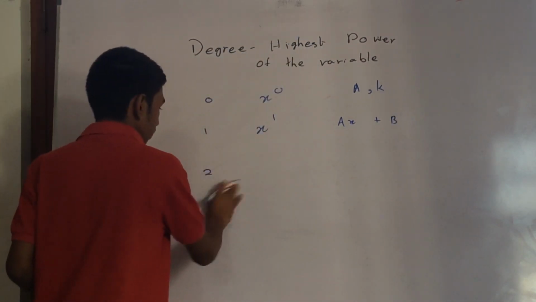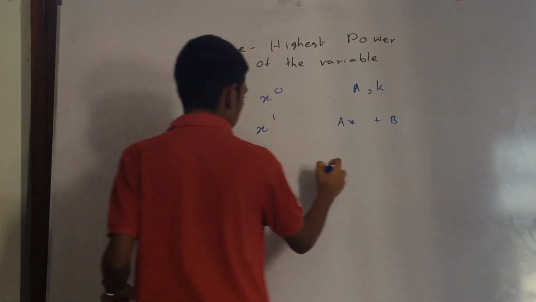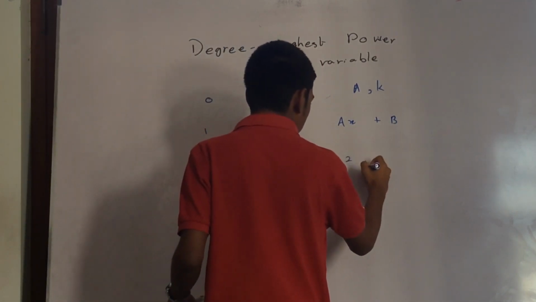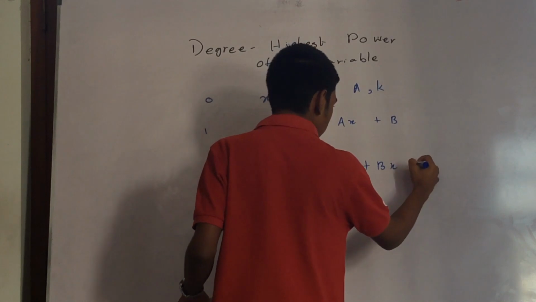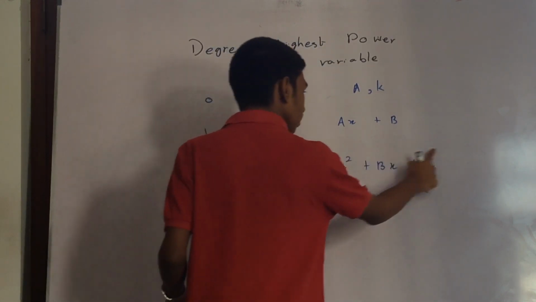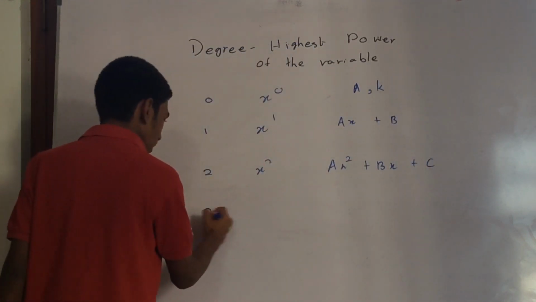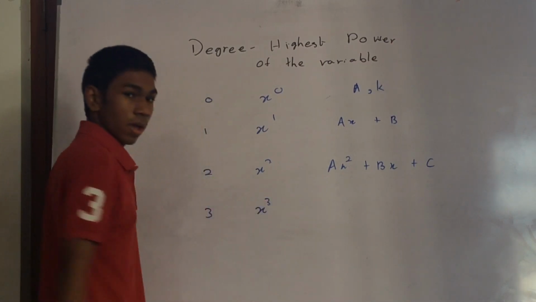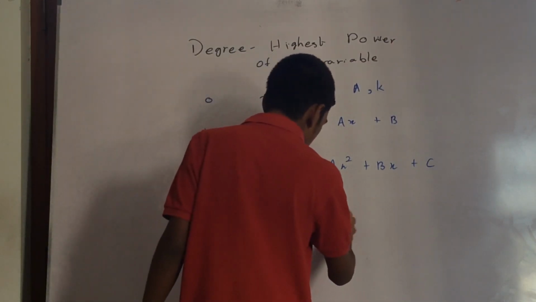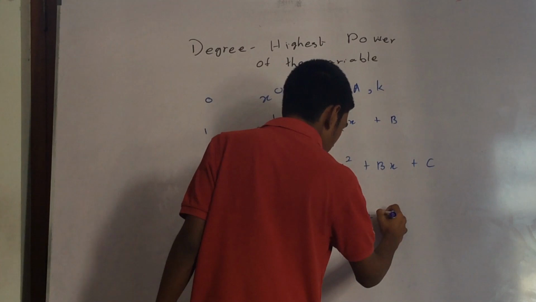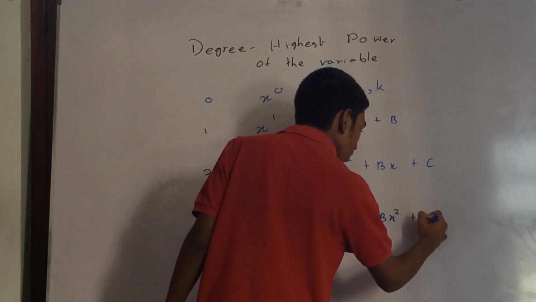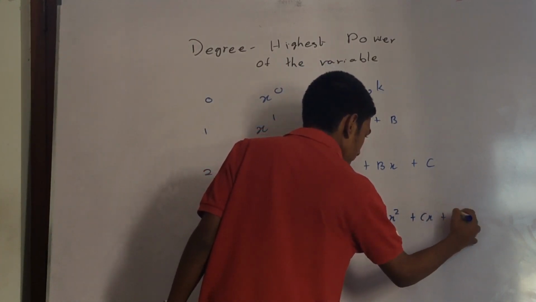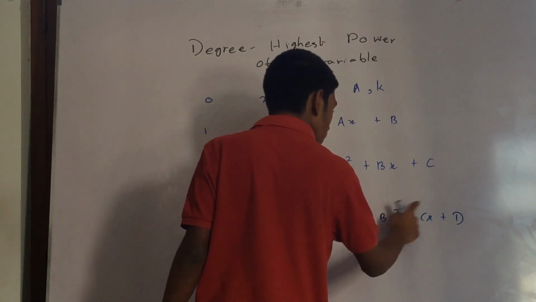And degree 2, x squared: ax squared plus bx plus c, powers 2, 1, 0. When the degree is 3, x cubed, which will be ax cubed plus bx squared plus cx plus d, powers 3, 2, 1, 0.